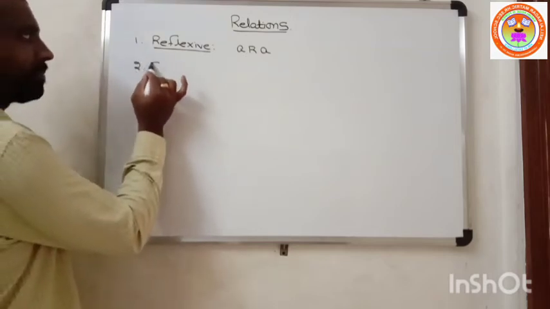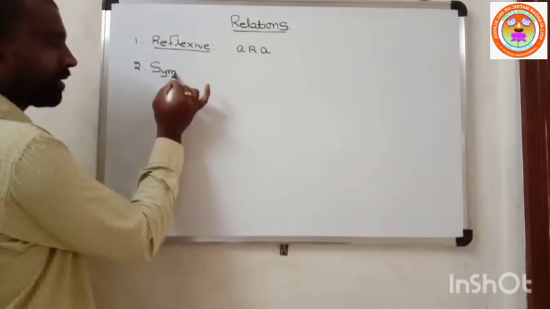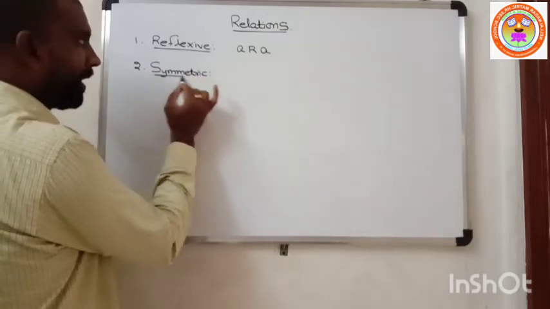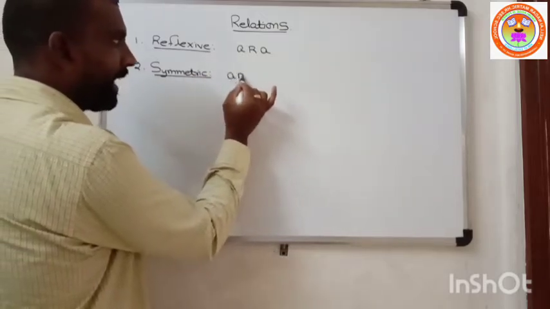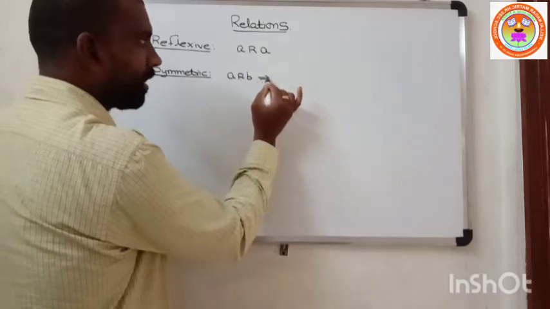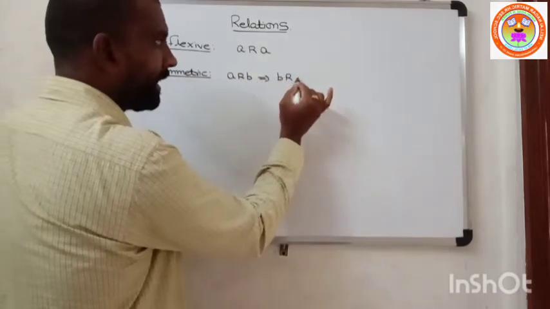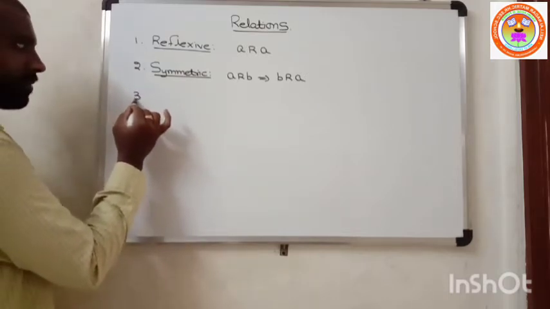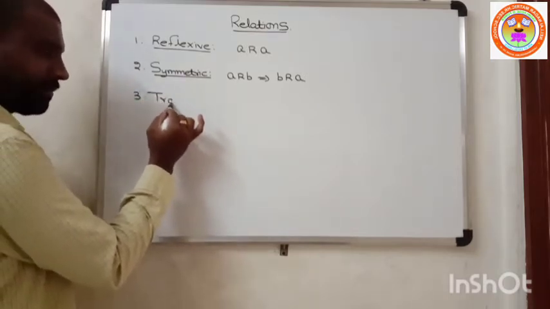Second one, symmetric. Symmetric means a related b, then b related a. Third one is transitive.